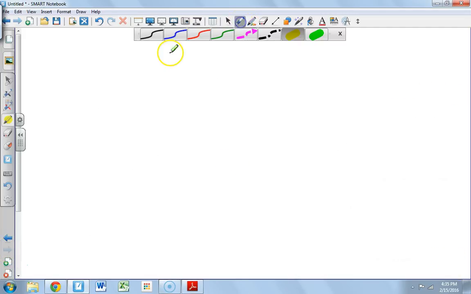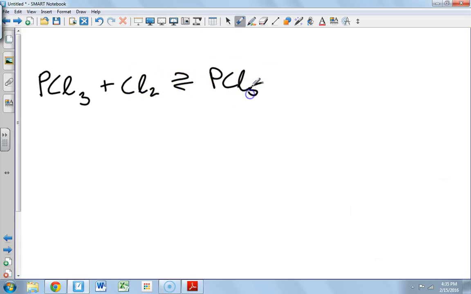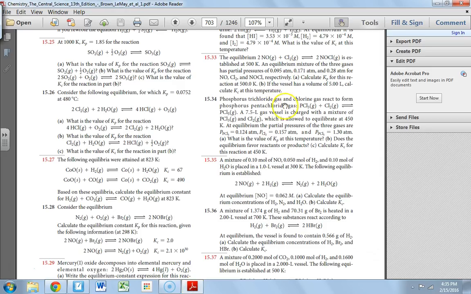The problem is going to be PCl3 plus Cl2 in equilibrium with PCl5, and I believe they're all gases. The problem says allowed to equilibrate. What is the Kp at this temperature? So we need to find the Kp.